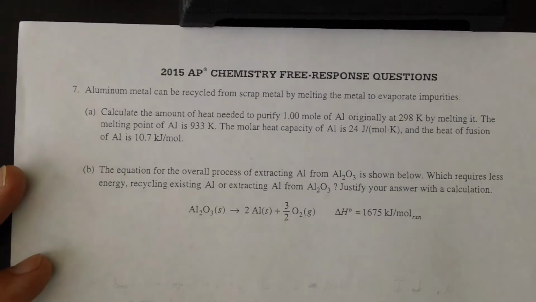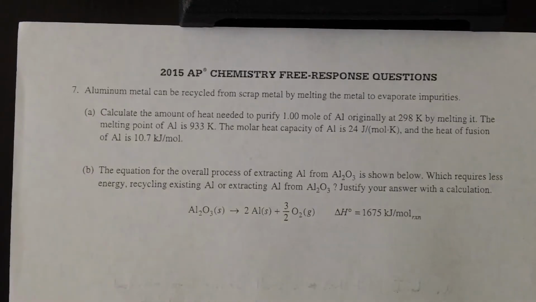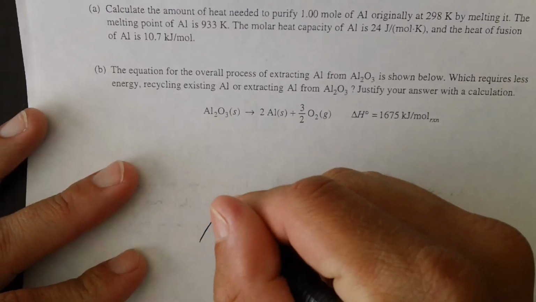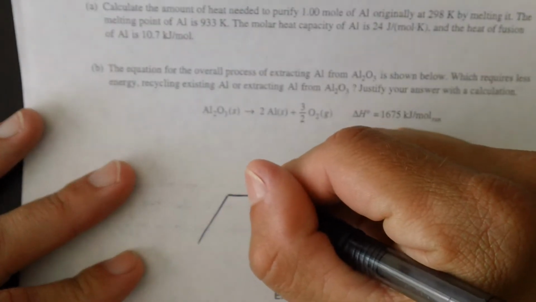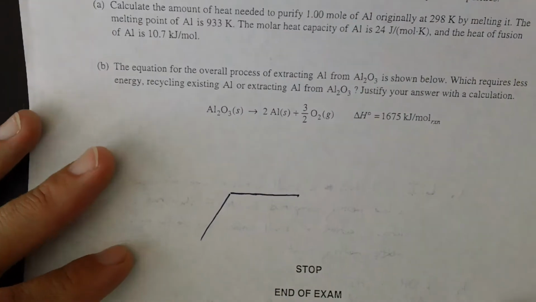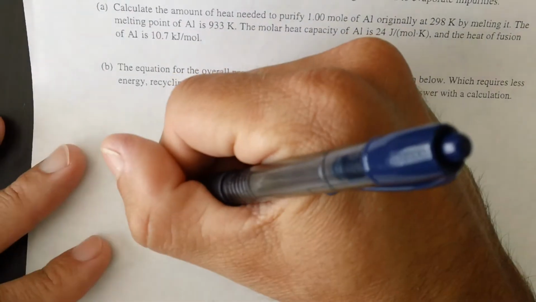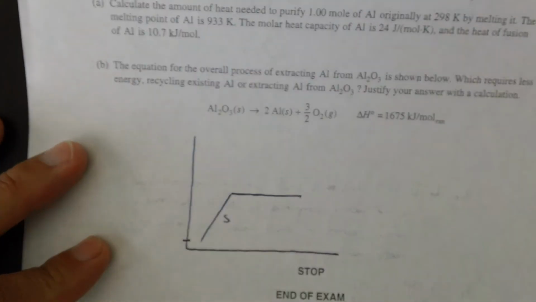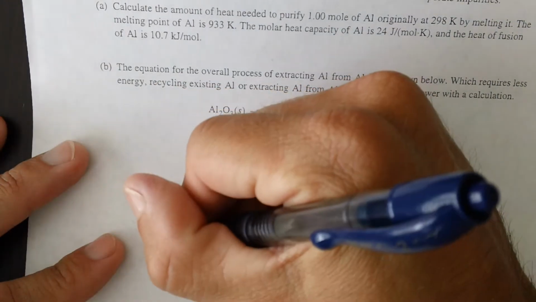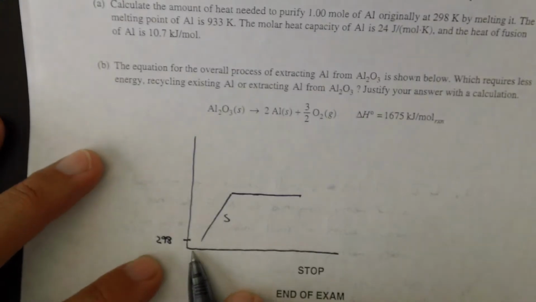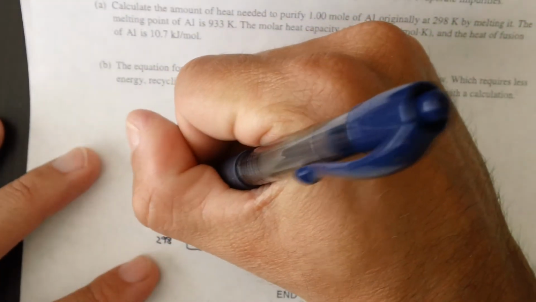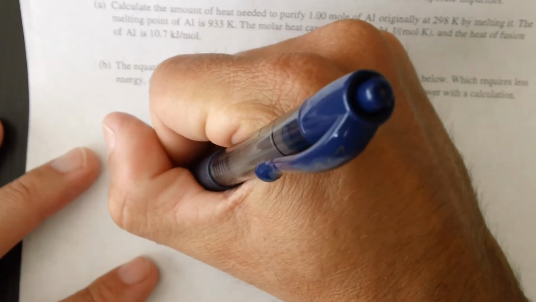This is a tough problem because this is a heating curve problem where you've got a situation where you are taking this aluminum that's solid here and it's starting at 25 Celsius, or 298 Kelvin, and you've got to heat that aluminum up to get it to 933 Kelvin.